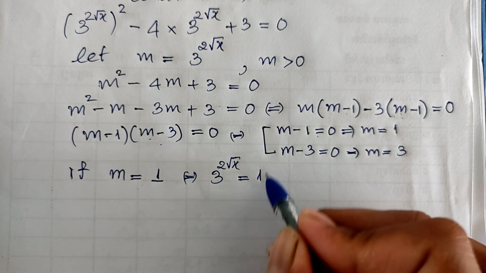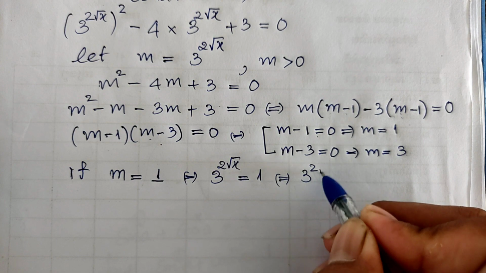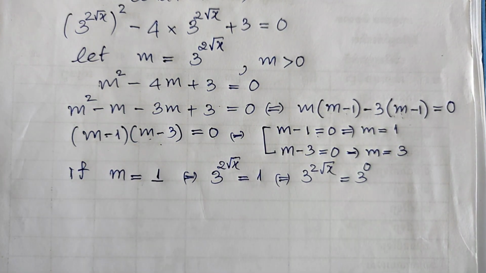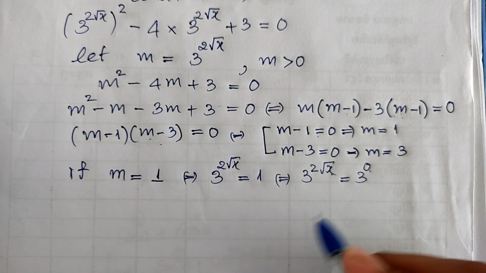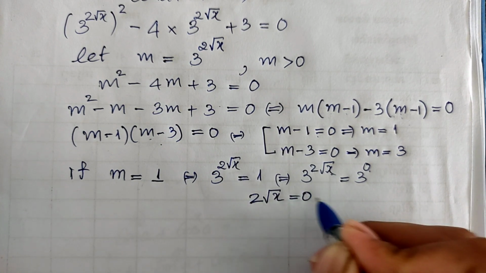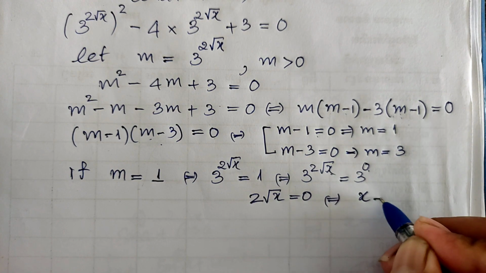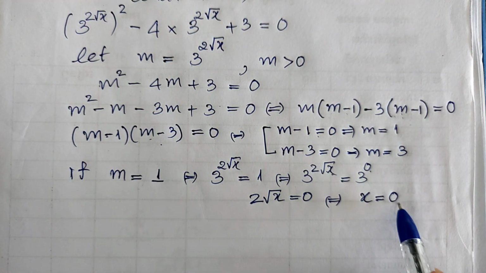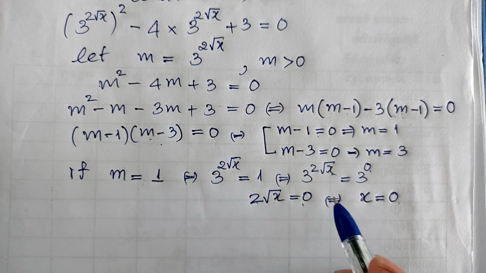But 1 we can also write as 3 power 0, so 3 power 2 square root h is equal to 3 power 0. And so we get 2 square root h is equal to 0, which means h is equal to 0. Square root 0 equals 0, and 0 multiply 2 is equal to 0.